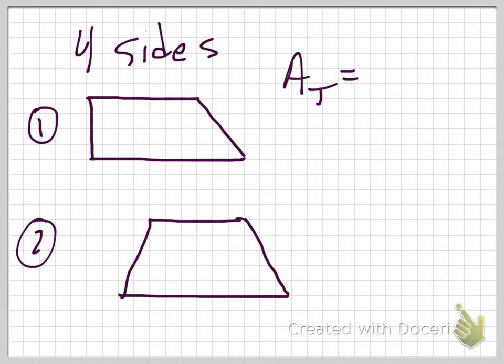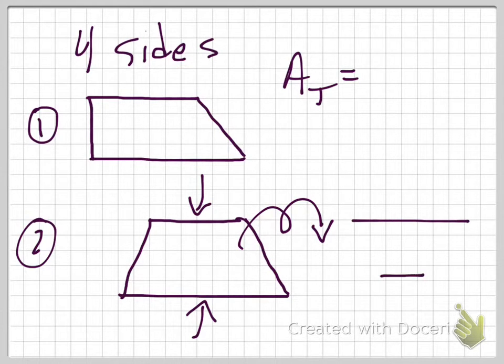The reason is that I could flip this trapezoid over and have a longer part on top and a shorter part on the bottom. That's why we are talking about two different bases, and these bases are different lengths.